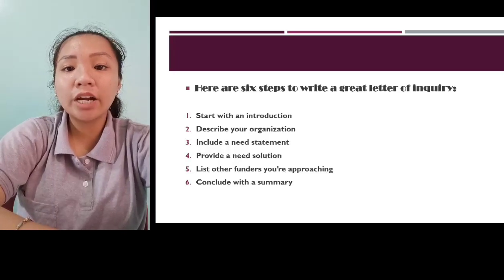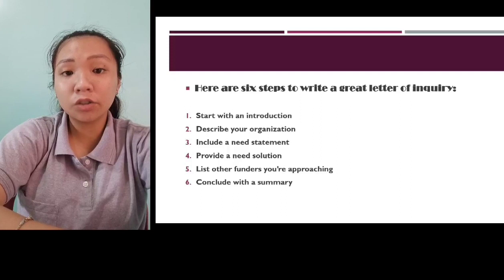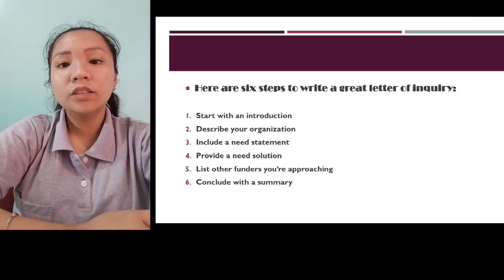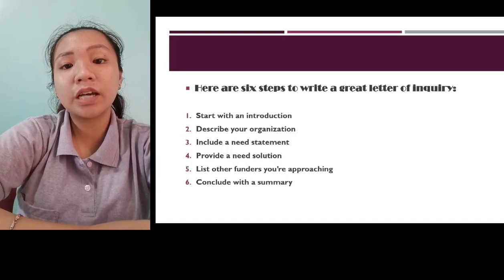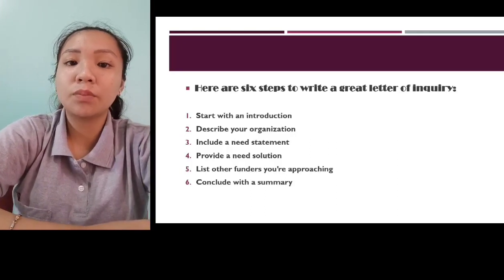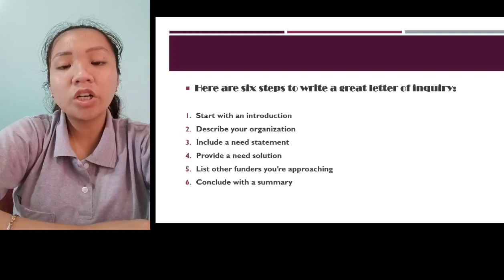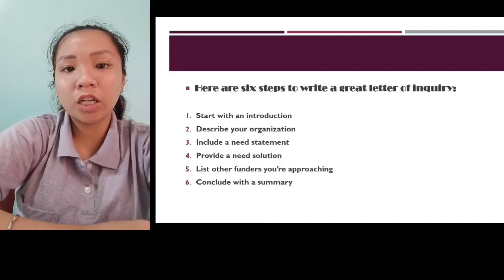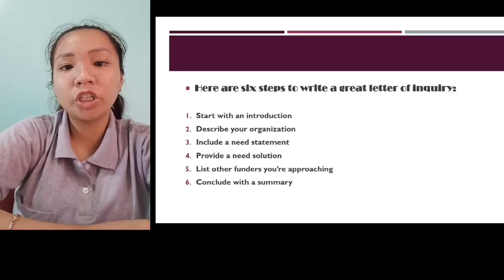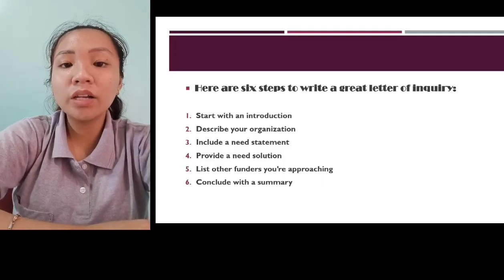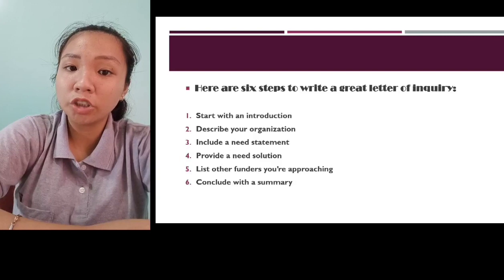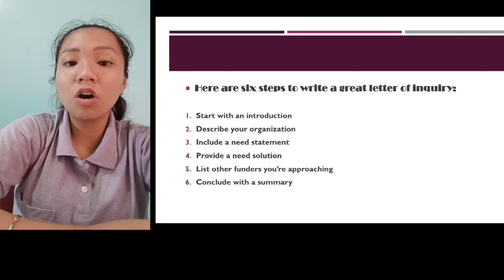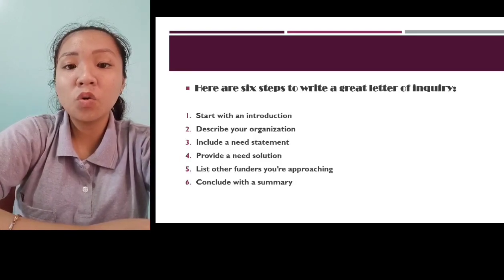First, start with an introduction. The introduction of your letter of inquiry serves as an executive summary of your letter. Your introduction can include your name, position, and organization, as well as a brief description of your organization's project and the amount of funding you are requesting.